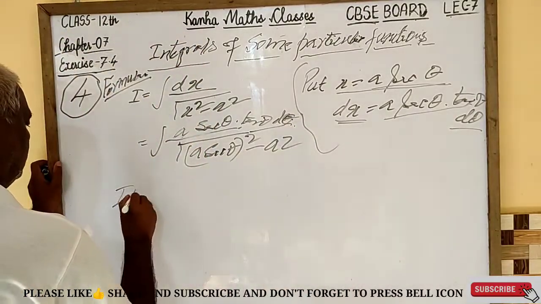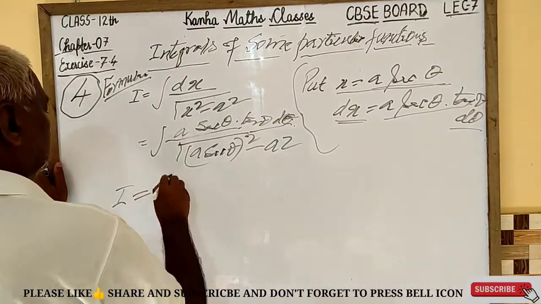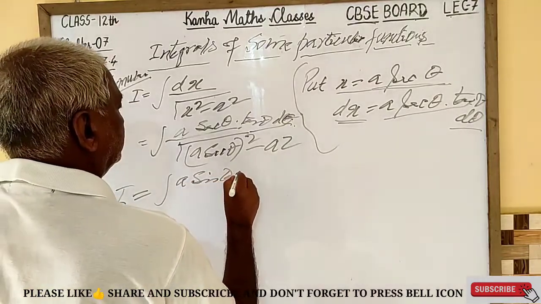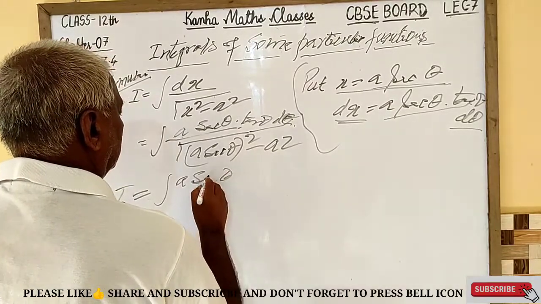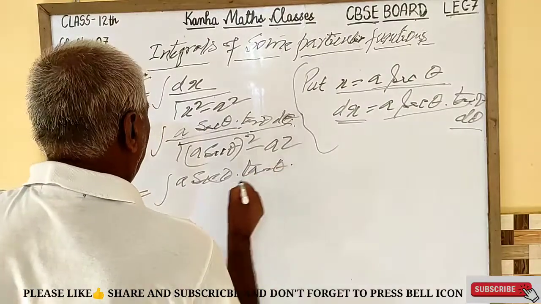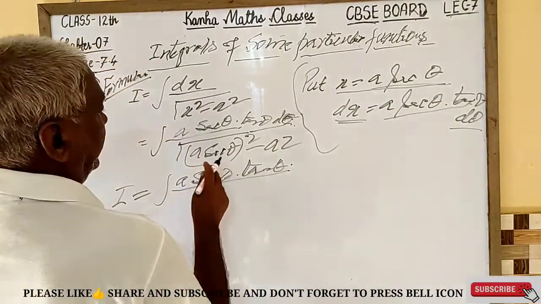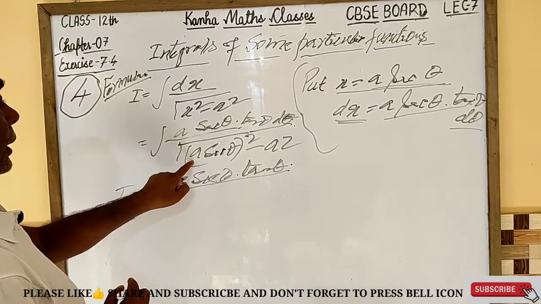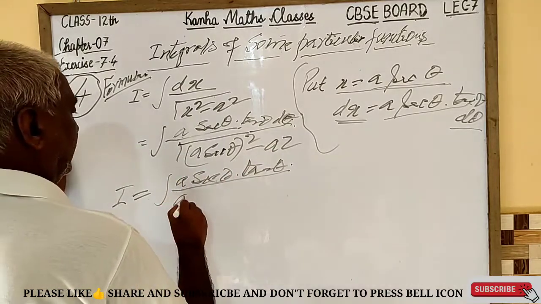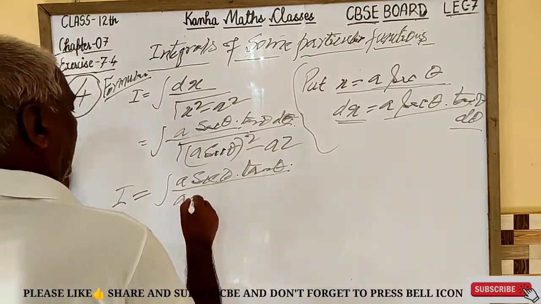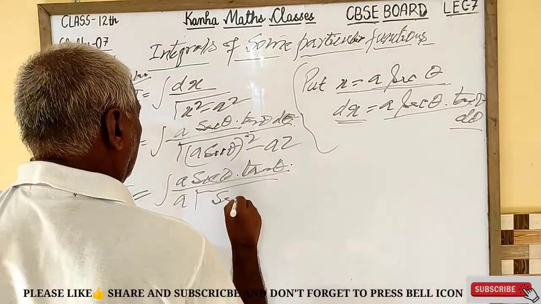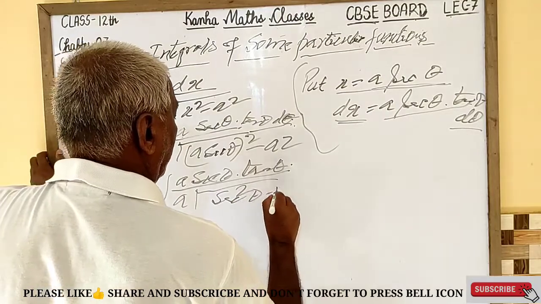So we have a sec theta tan theta d theta. If you take a square common within the under root, out of the root this will become a, and within the under root this will become sec square theta minus 1.